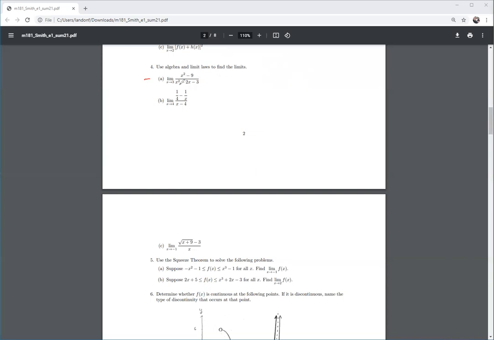Let's see if there is an issue with plugging in 3 everywhere in here. I have a sneaky feeling it won't work, but just for our own sanity, let's plug it in. The numerator turns out to be 0, if I can do math at least.